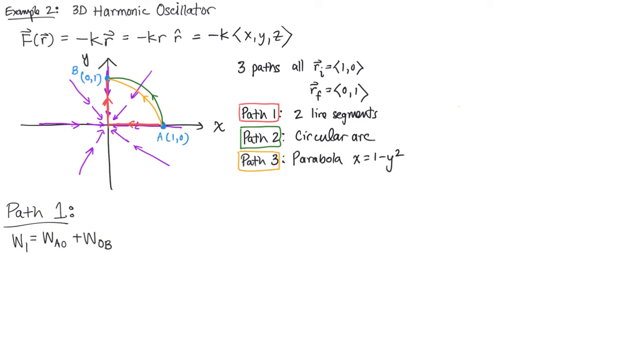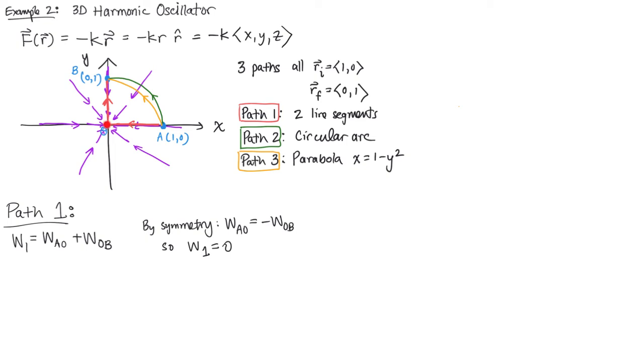And the work on path 1 is given by the work from A to the origin plus the work from the origin to B. So we can label that in the following way: A to origin, origin to B. And we can see just strictly from symmetry that those two works are going to be equal and opposite. How do we see that so quickly from symmetry? Well, when we go from A to origin, we have a path that is parallel to the force, in the same direction as the force.